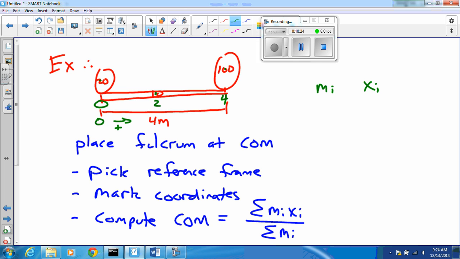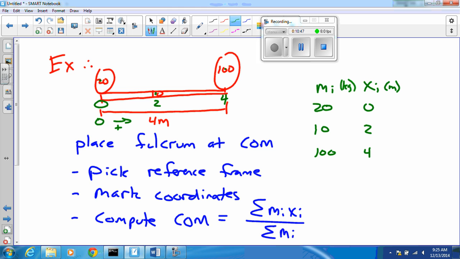He's at 4. So if we made a little chart for each mass and each location, we would say the girl is at 0, the seesaw is at 2, and the man is at 4. Technically, I should put my units here, kilograms and meters.